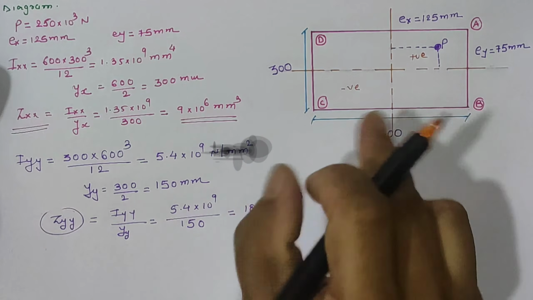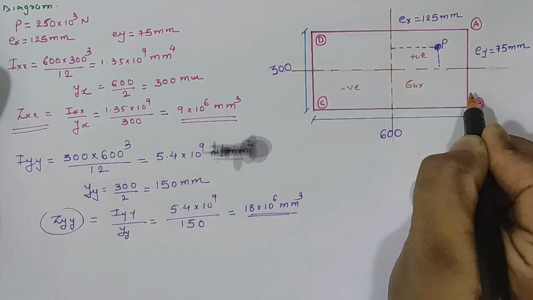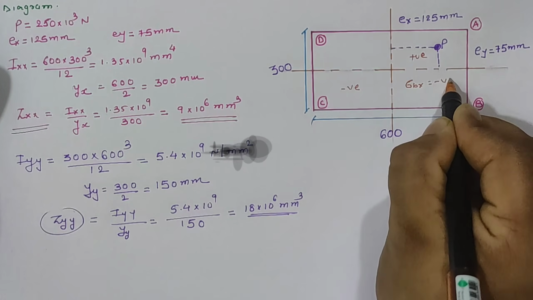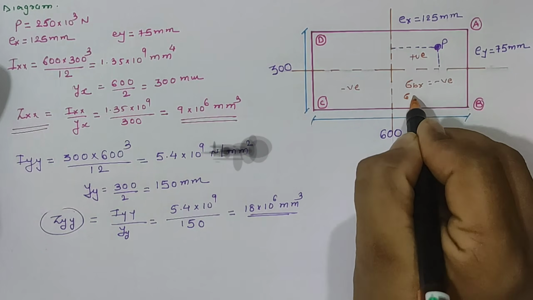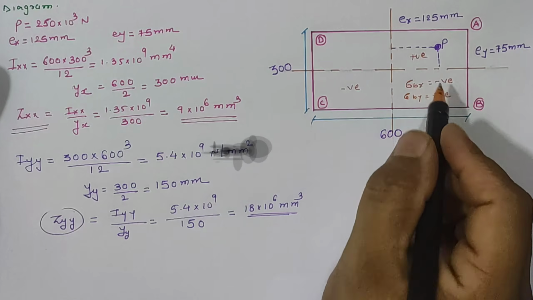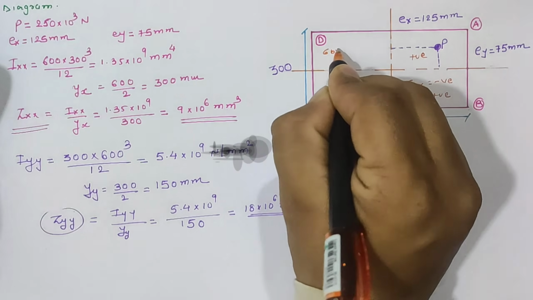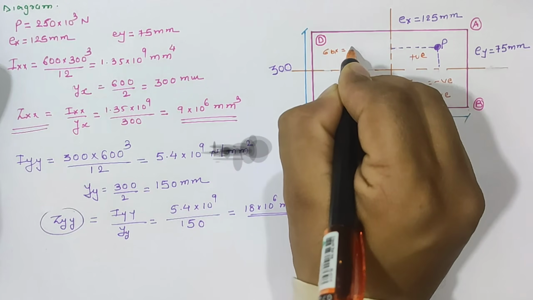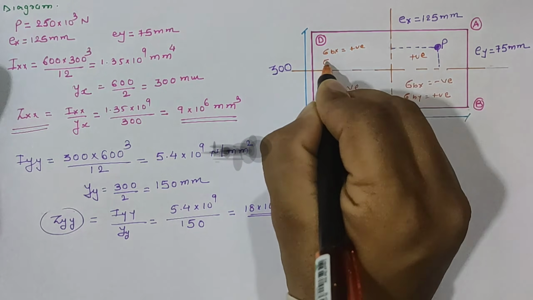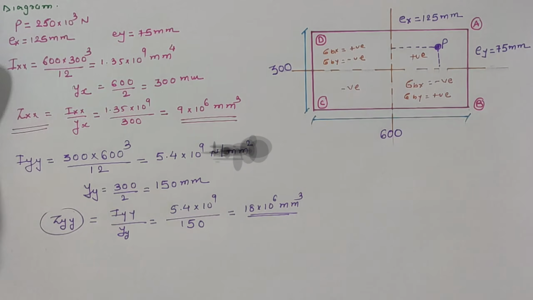For part B, our sigma bx is negative as Ey is negative and sigma by is positive as Ex is positive, and vice versa for point D, our sigma bx value is positive while sigma by value is negative according to the Ex and Ey.